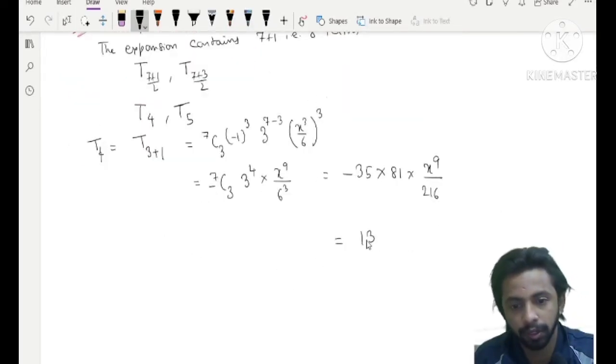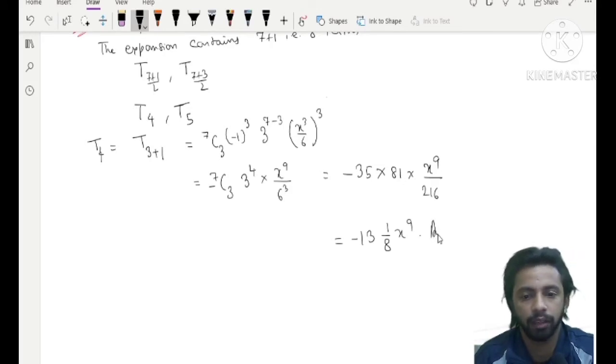So this will be negative of 13 1 by 8 x to the power 9. And that will be the answer.